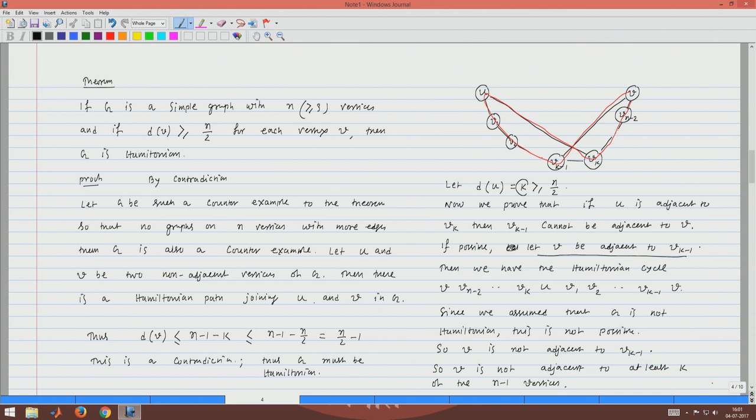This is because u and v are non-adjacent, and if you add the edge uv in the graph, then the graph will become Hamiltonian. That means there will be a Hamiltonian cycle, and if you remove the edge uv from the graph, there will be a Hamiltonian path or spanning path connecting u and v. I wanted to mention this once more, and this theorem is due to Dirac.